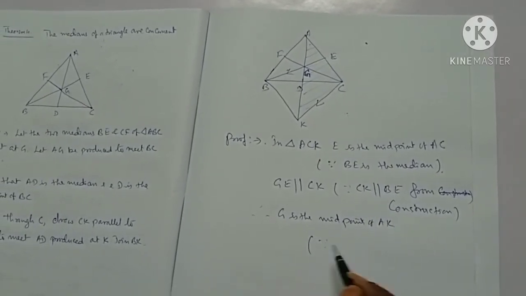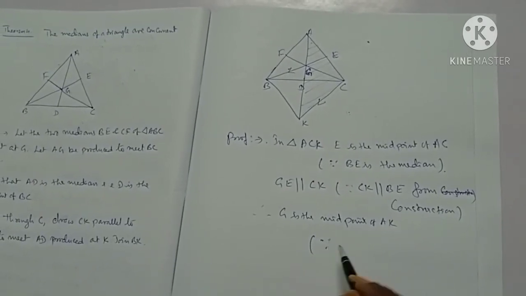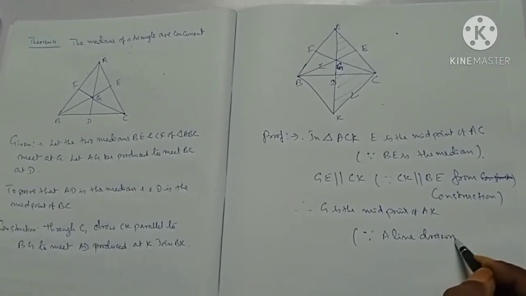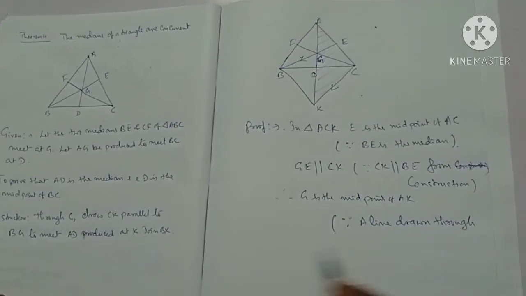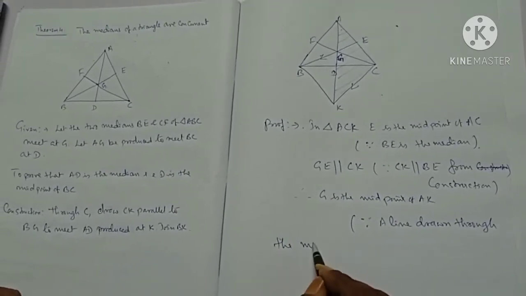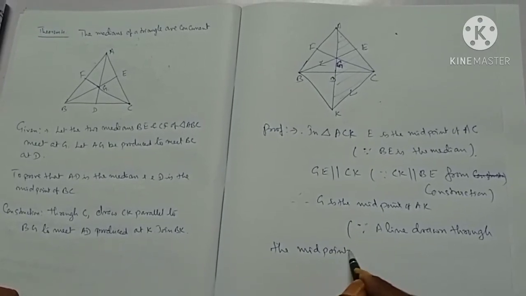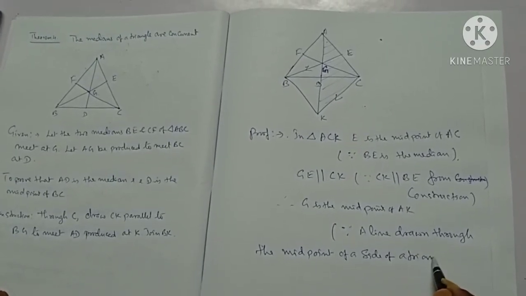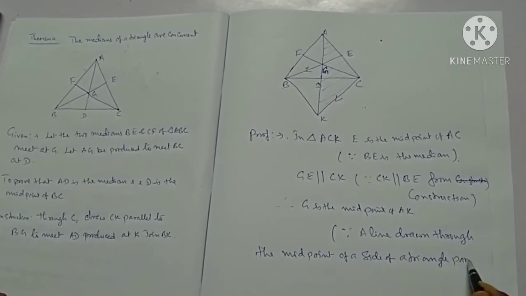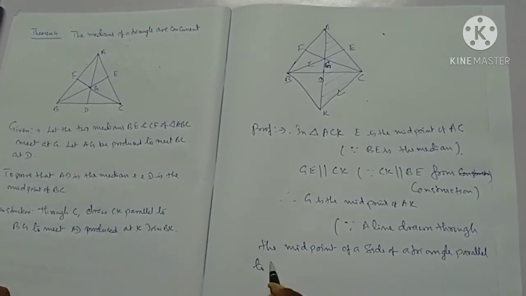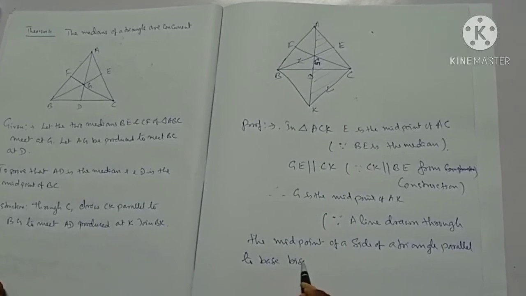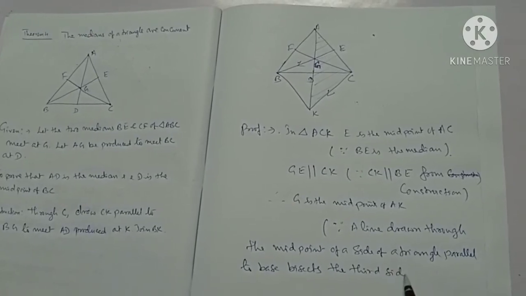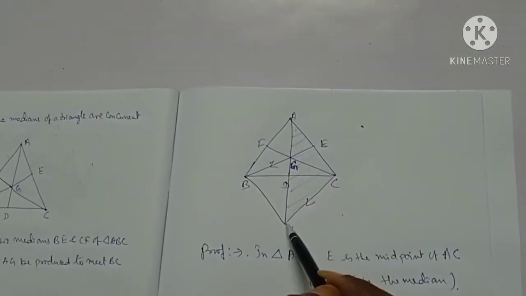This is the converse of the basic proportionality theorem: a line drawn through the midpoint of a side of a triangle parallel to the base bisects the third side. So G becomes the midpoint of AK.